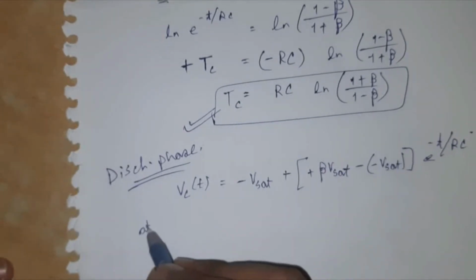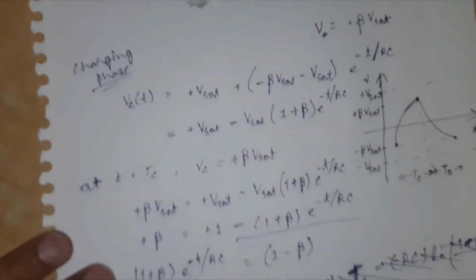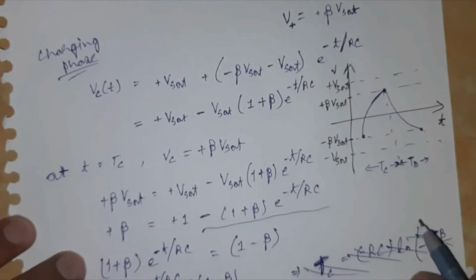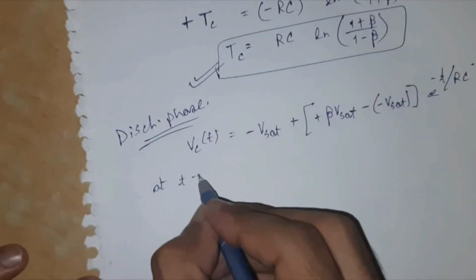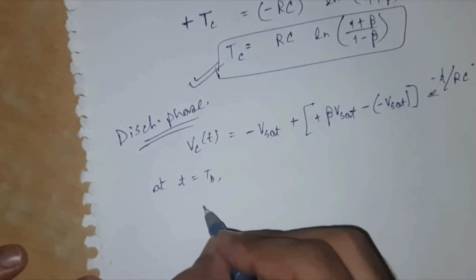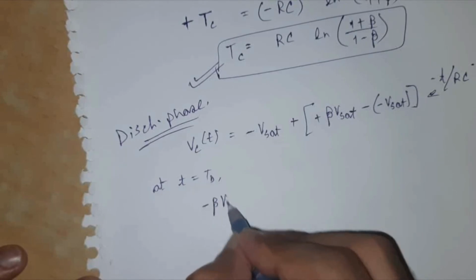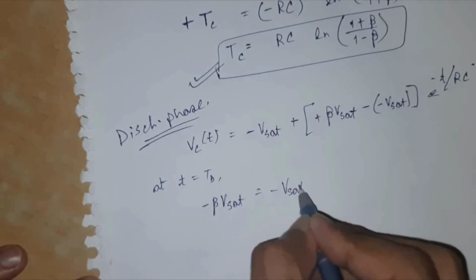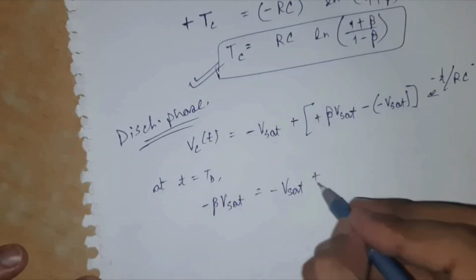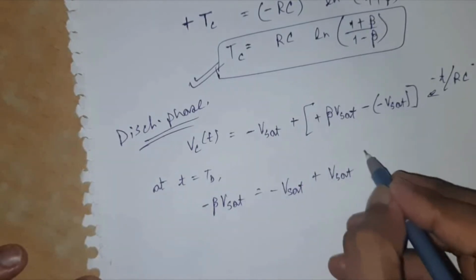So let us suppose that the time taken by the capacitor to discharge is Td. So what we will say, at t is equal to Td, this Vc(t) becomes minus beta Vsat, which is equal to minus Vsat. Again we are taking this out common, plus Vsat we are taking common, then what will be left?